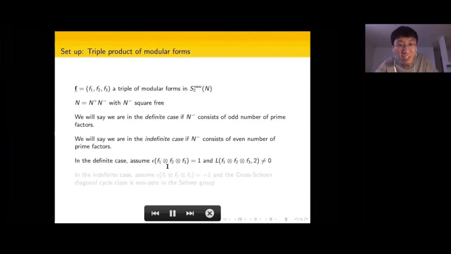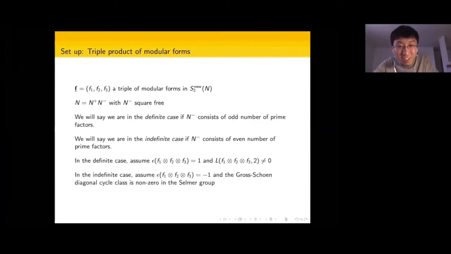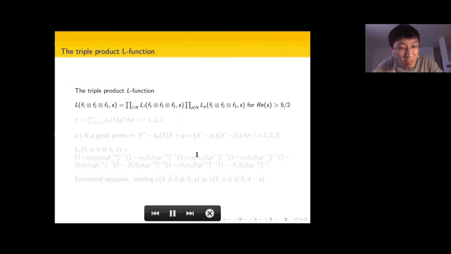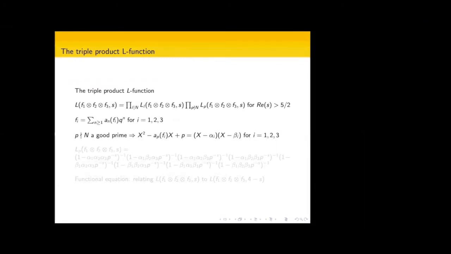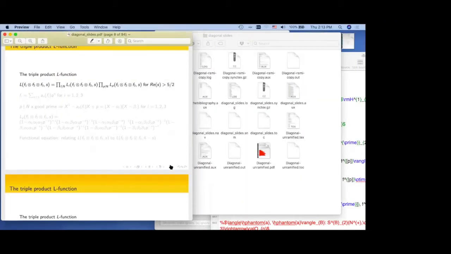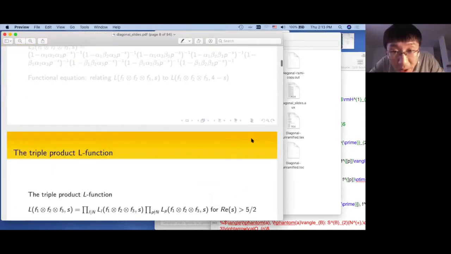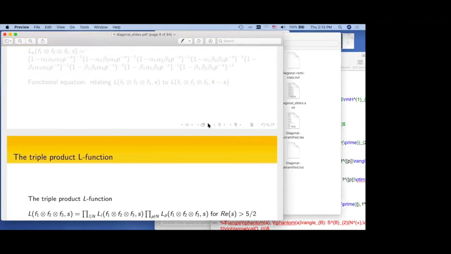Is this okay? It looks good to me. You can click the pause button at the bottom, can't you? In the slideshow mode, there are three buttons at the bottom.